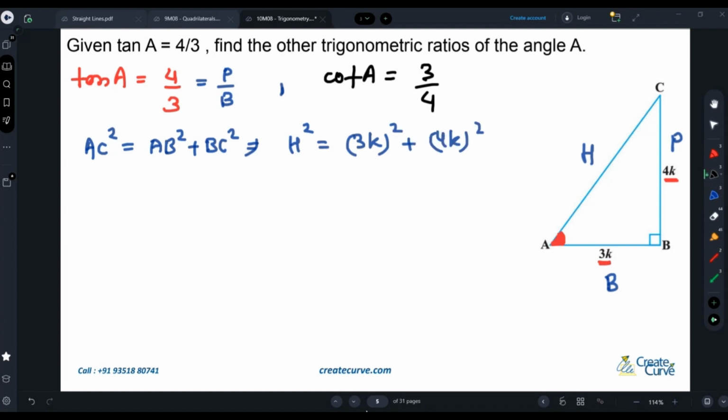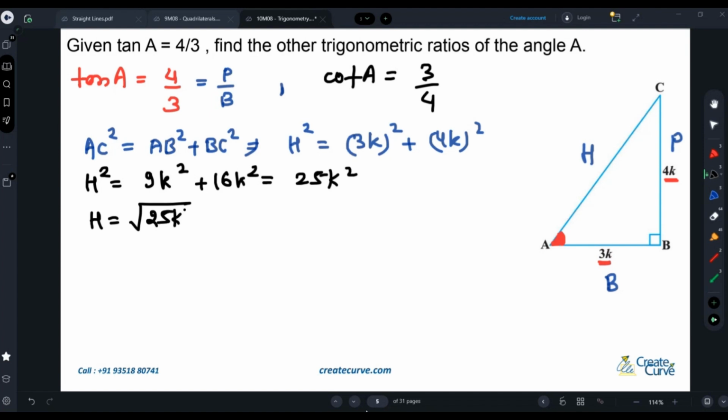If we simplify this, what will be the answer? H squared will be equal to 9k squared plus 16k squared, which will give us 25k squared. So hypotenuse will be root over 25k squared, which will give us 5k as the value.